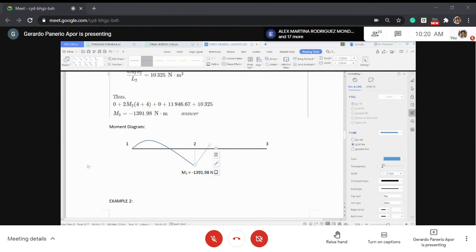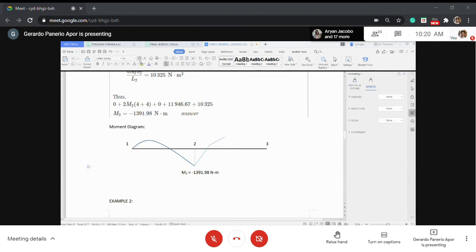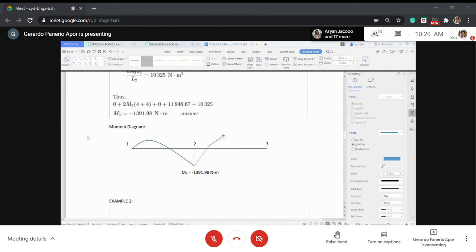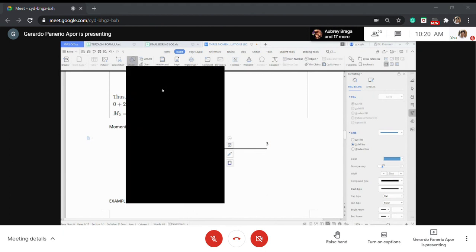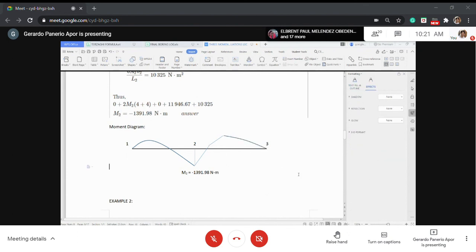And a line there. We have a line here. The two lines. And then we have here, that. And then we have this one. Okay. So that is the shape of your moment diagram. So M1 is 0 and M2 is 0.